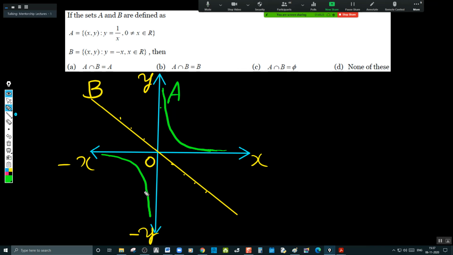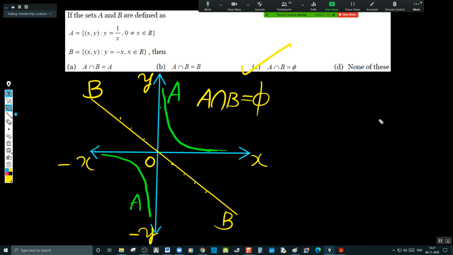This is A, and this is B. If there is a common value, then you will have A intersection B a non-empty set. But here no value is common to both, and hence it is a null set. So option C is correct.